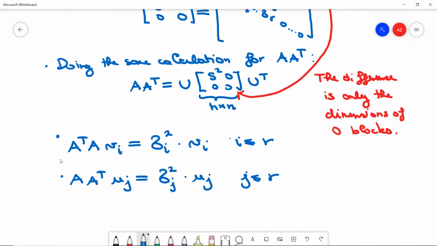Okay, so we know this, and now let's calculate A transpose A, let's say in the other direction. So A transpose on A Vi. We take this matrix A transpose, and we would like to calculate the candidate for Ui, and the candidate would be AVi.